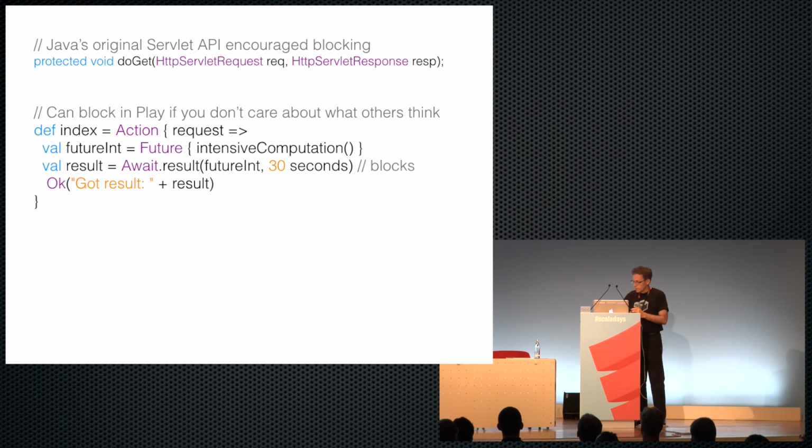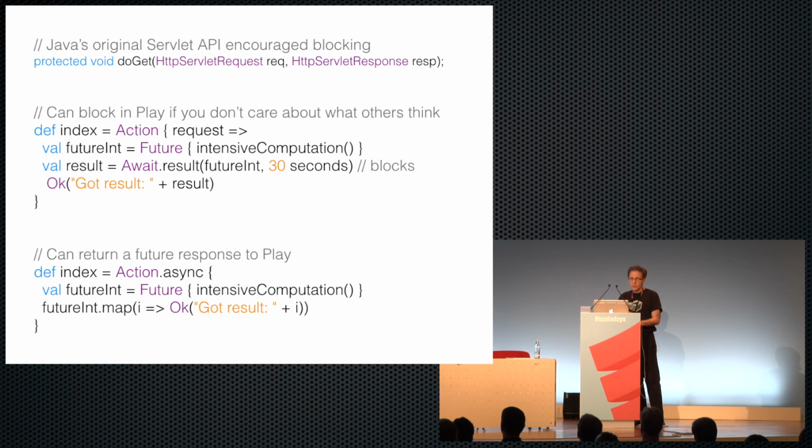But if you do that, people will quickly complain and tell you to do it this way, right? What you can do instead is map code that knows how to make a response given the result of the future onto that future and get a new future back that's a future response. So just very quickly, you get a future response back, and then you can return that back to Play.